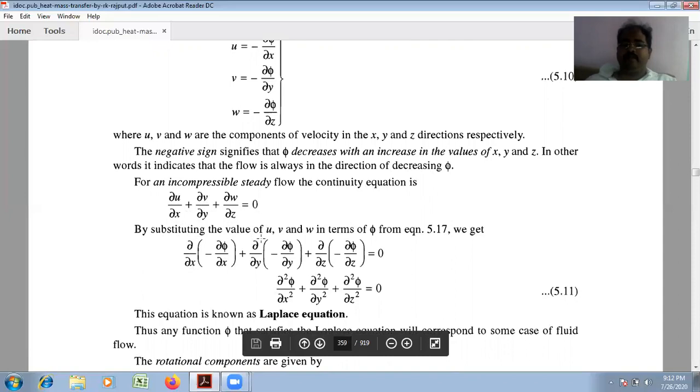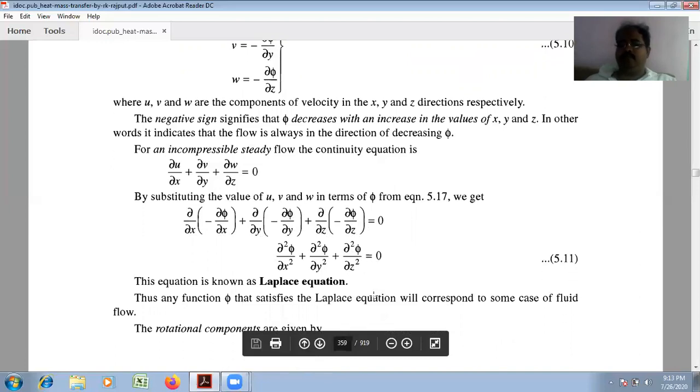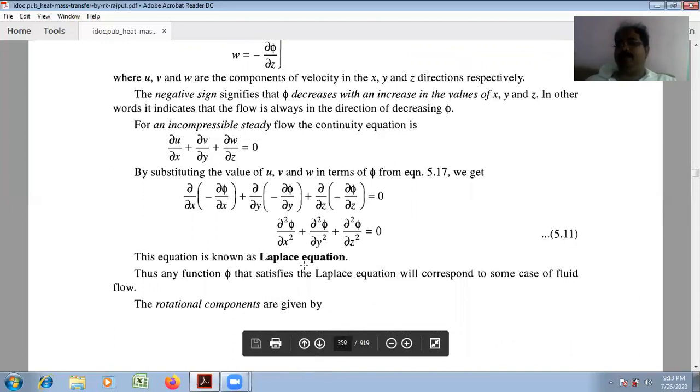And when we substitute the values of u, v, and w in the equation, we get del upon del x of minus del phi upon del x plus del upon del y of minus del phi upon del y plus del upon del z of minus del phi upon del z is equal to 0, which gives del square phi upon del x square plus del square phi upon del y square plus del square phi upon del z square is equal to 0, and this is known as the Laplace equation.